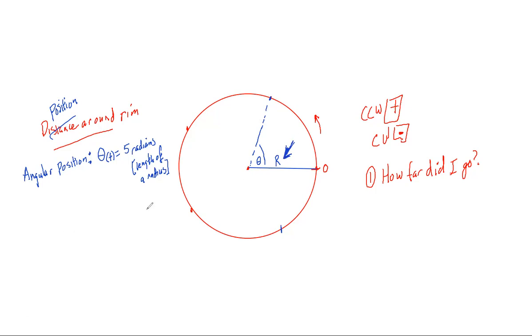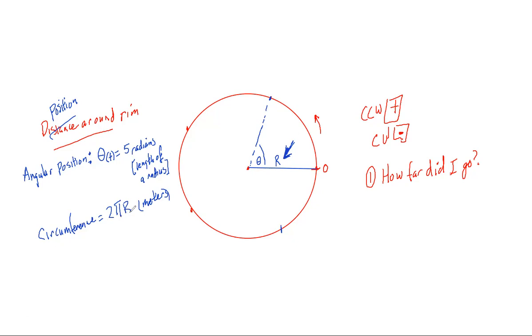The number of meters in a total circle, the circumference, would be 2 pi times the radius, where the radius might be 5 meters. The radius is in meters, and so this circumference would be in meters because there's no unit on pi or on 2.